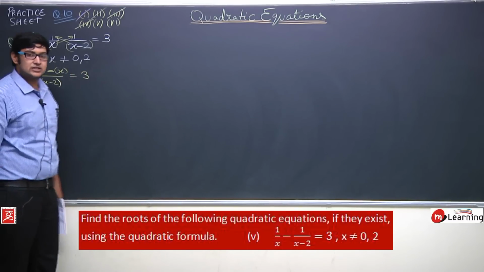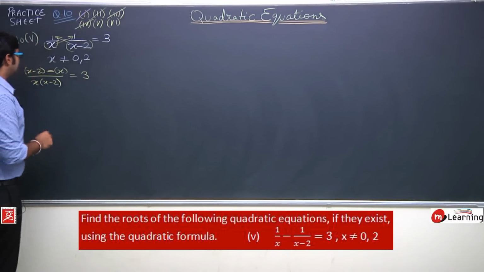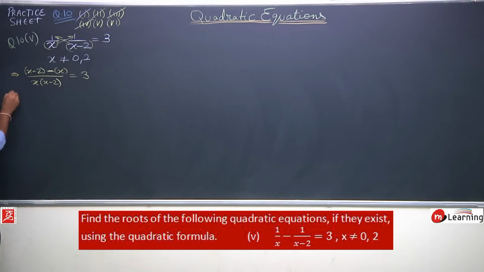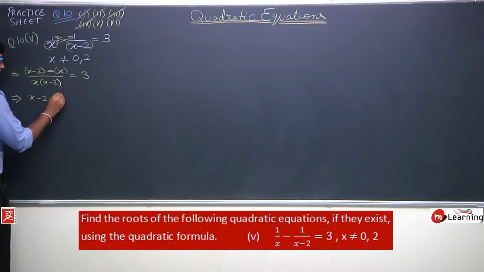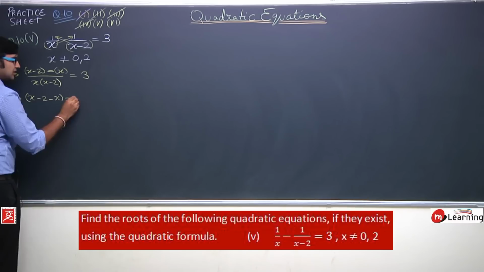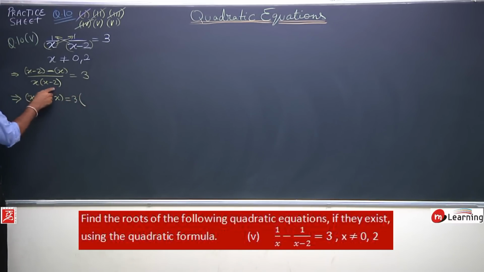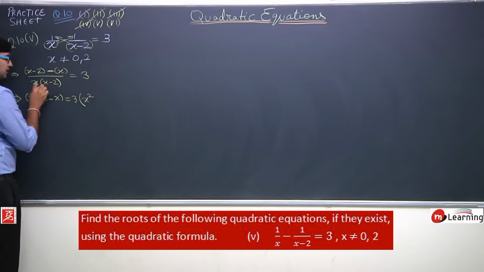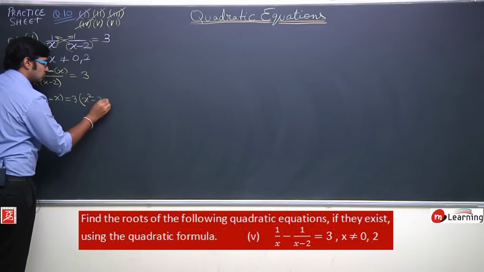ये एक्सप्रेशन कुछ इस तरह से हो जाएगा. Now in this expression, if you further solve this expression, this will become x minus 2 minus x is equals to 3 into, I can multiply these two expressions. So x into x will give you x square and x into 2 will give you minus 2x.